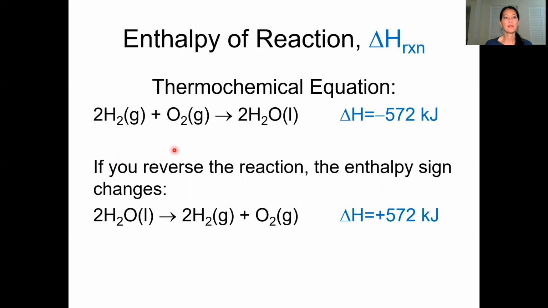Does that make sense? If I run this reaction, I have 2 hydrogens plus 1 O2, giving 2 waters. That means I broke 2 H-H bonds, broke an O=O, it's actually a double bond, and then I formed 4 O-H bonds, because there are 2 O-H bonds in 1 water, but I have 2 waters.